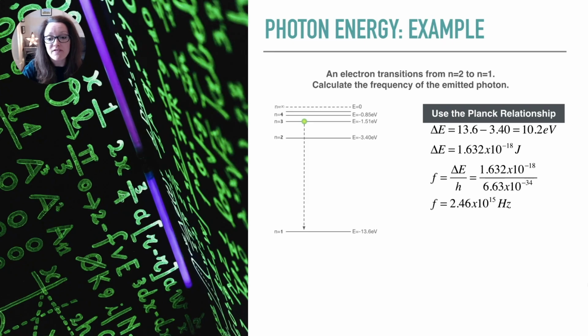So the n equals 1 value might be minus 14, and the n equals 2 value might be minus 3.6. So they've got different values of energy within the states. That means when you do the transition between the energy states, the energy change is different. The number of energy is different. And when you plug that into the Planck relationship, that gives you a different frequency.